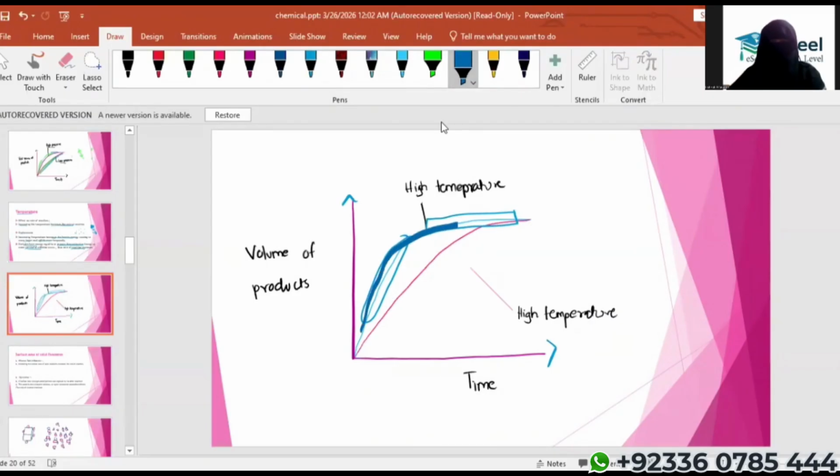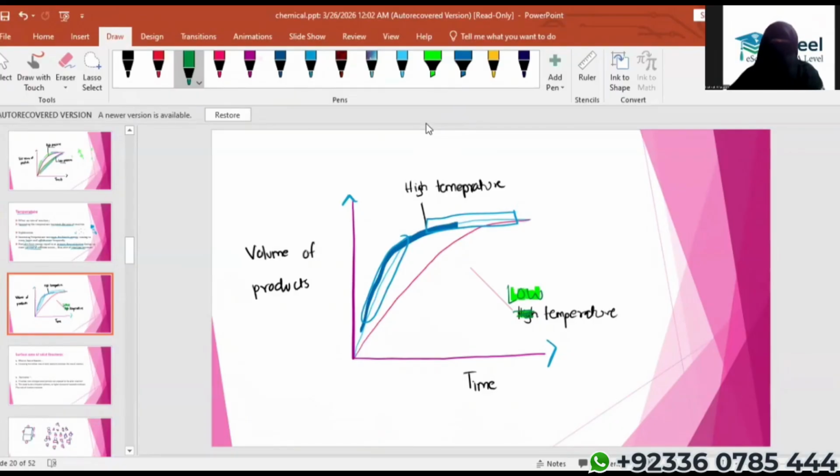Steeper gradient, faster reaction. On the other hand, with low temperature, you can see that this is less steep. There is a less steep gradient shown here and it levels off at a slower rate.